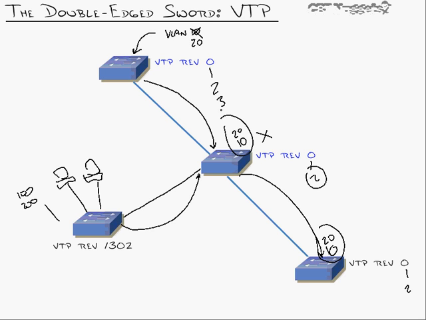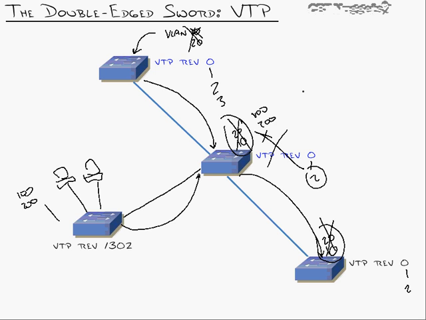We're on VTP 3, give me your database. So it takes that Rev 1302, flushes its old database along with all its old VLANs. They all go away, all gone, and replaced with VLANs 100 and 200. It takes less than a second. It's very fast. And wham, all the switches in the network lose their existing VLANs 10 and 20 and replace them with 100 and 200.